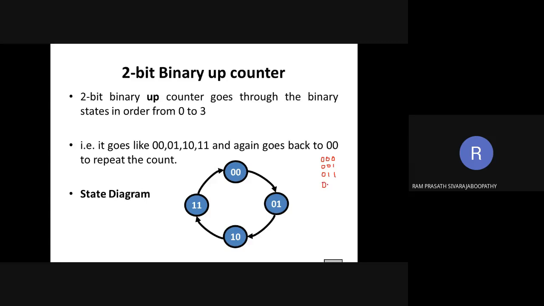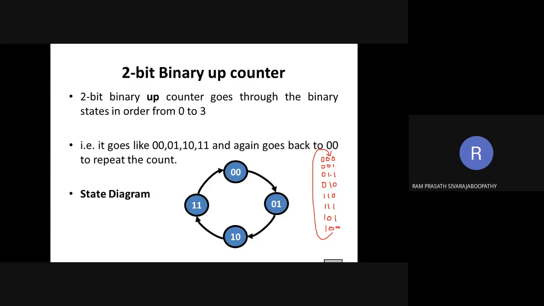Then 0 1 0. What about next pattern? 1 1 0. Correct? Next 1 1 1. Next 1 0 1. Next 1 0 0. இது கிரே கோட் பேட்டர்ன், கரெக்டா? இத நான் ஜெனரேட் பண்ணனும்னா ஸ்டேட் டயகிராம் எப்படி போடணும்? 0 0 0, 0 0 1, 0 1 1.